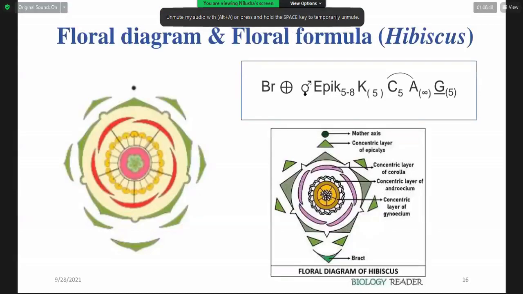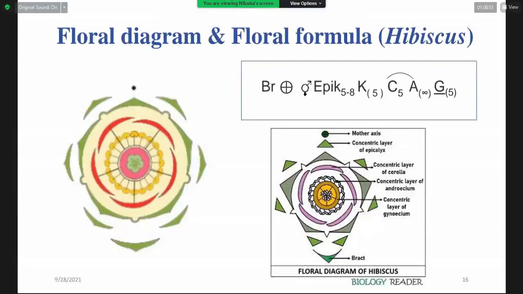So this second symbol is for actinomorphic. The third symbol is for the condition where within the same flower there are female and male reproductive parts, the bisexual or hermaphrodite condition. Is it okay? Yes, ma'am.